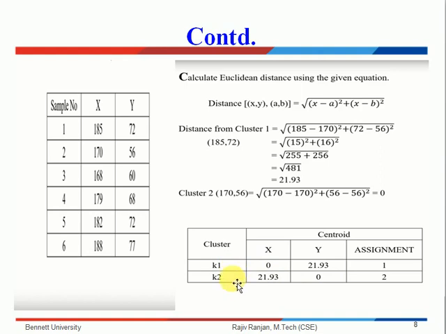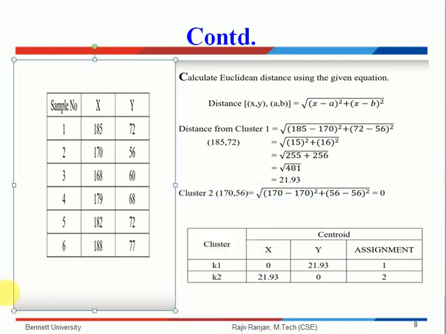So these are two clusters, cluster 1 and cluster 2. On the basis of these two, similarly we have to calculate the rest of the data sample set to find the distance. And what will be the cluster for the rest of the data? We will assign value 1 for cluster 1 and value 2 for cluster 2.